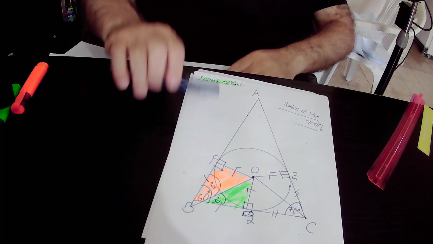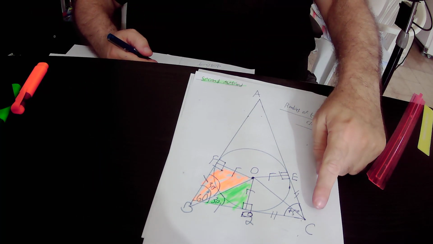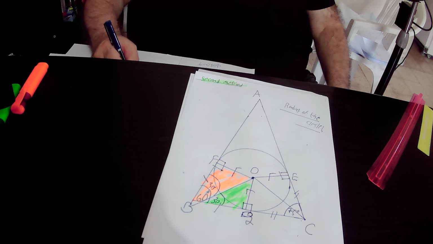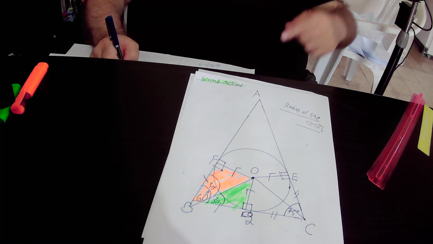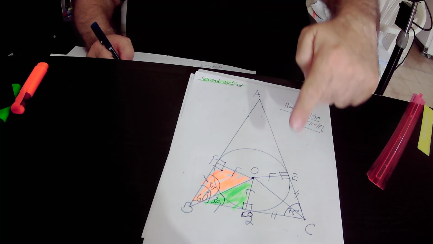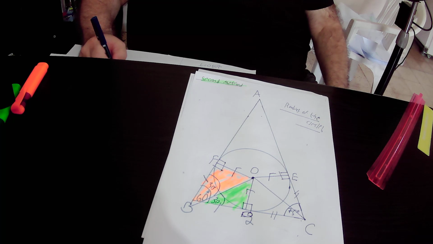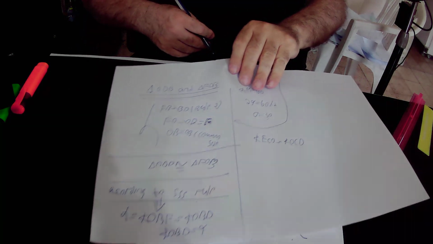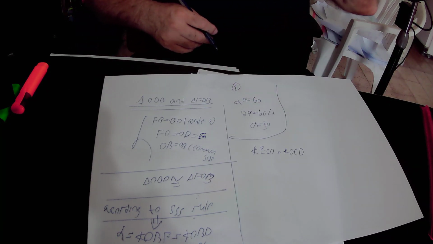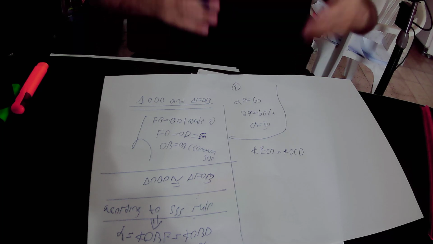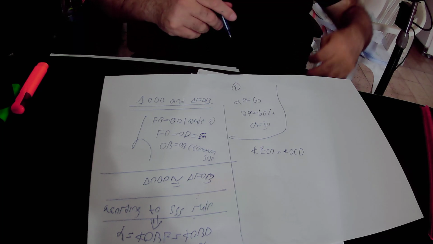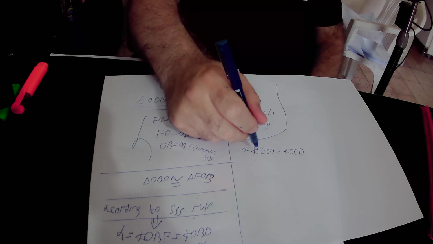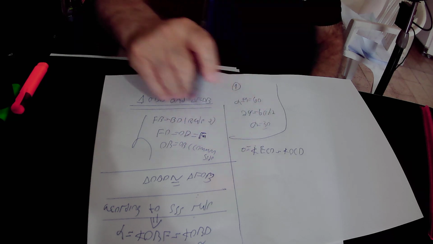So here we can write down that this angle, angle ECO, is equal to this angle, angle OCD. So if we define angle ECO as theta, then angle OCD must be equal to theta also.